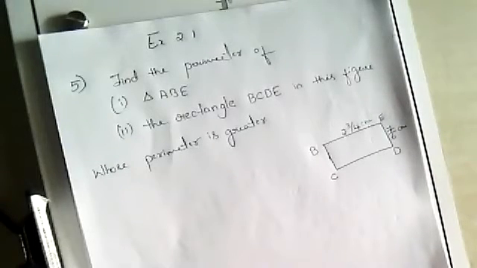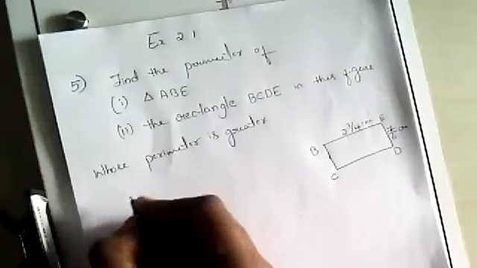So we know the formula, right? What is the formula for perimeter of a rectangle? Already we have solved yesterday. 2 into length plus breadth. Yes, very good, Pavan. 2 into length plus breadth. So that is the formula.